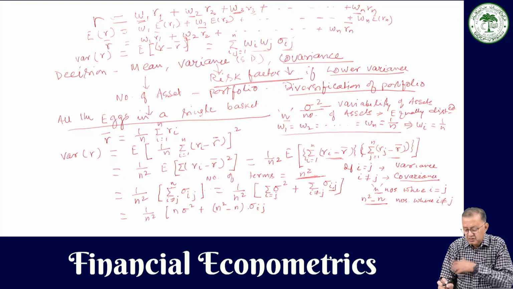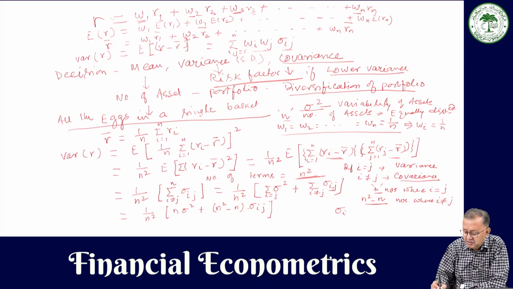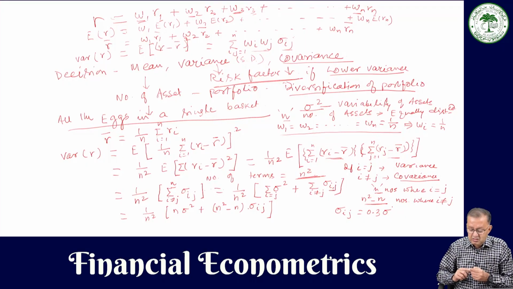Now let us take a hypothetical example where we consider that this sigma ij is equal to 0.3 into sigma square.